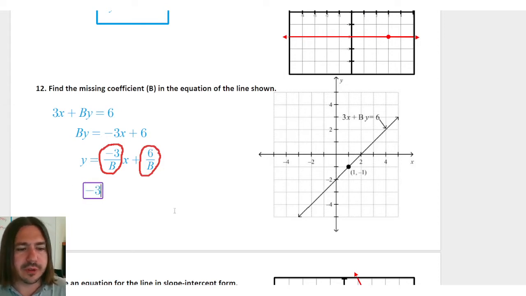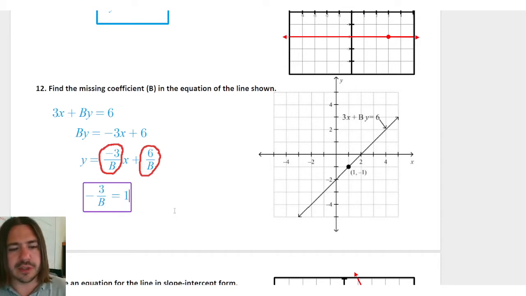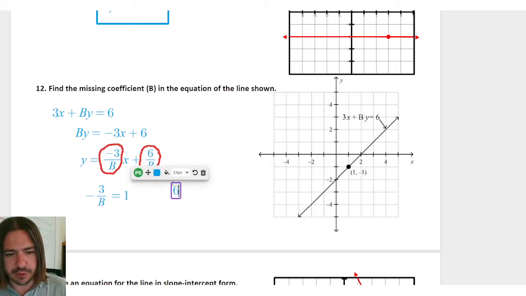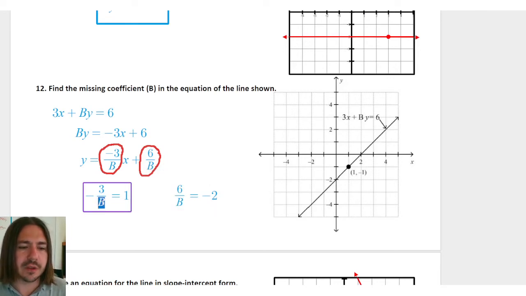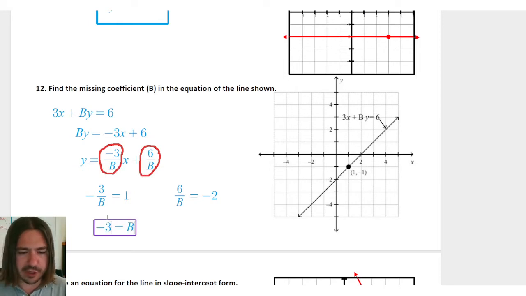So I guess I'll set up both. You could either do -3 over b, which is the slope, needs to be 1, or you could say that 6 over b needs to be the y-intercept, which is -2, and if we work these out correctly, we should get the same answer. So here, if I multiply both sides by b, I get -3 equals b.